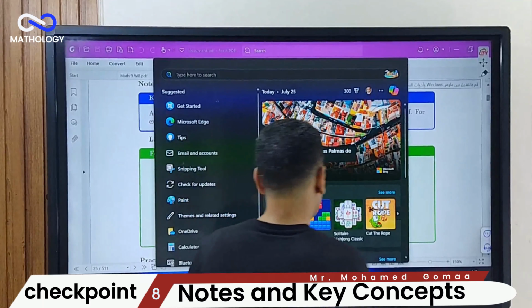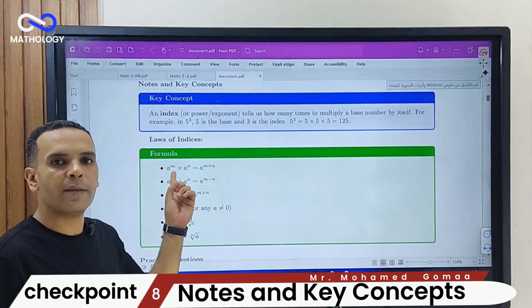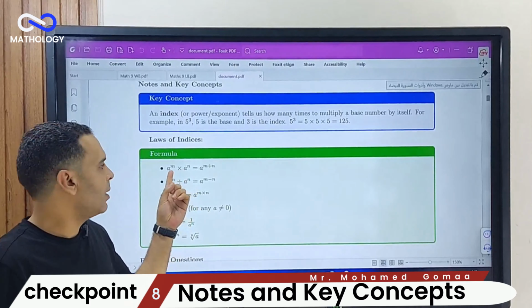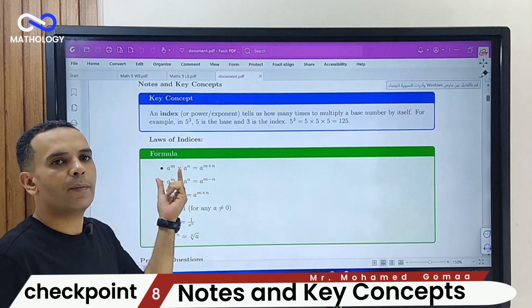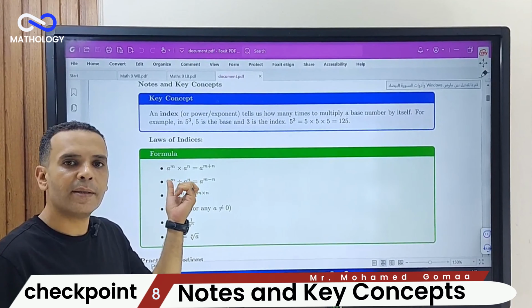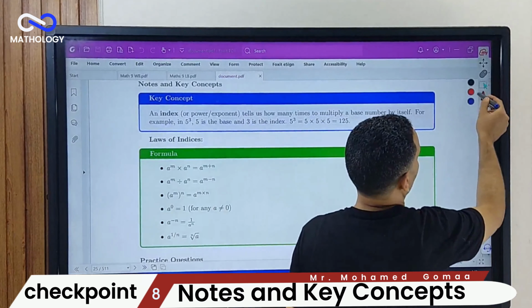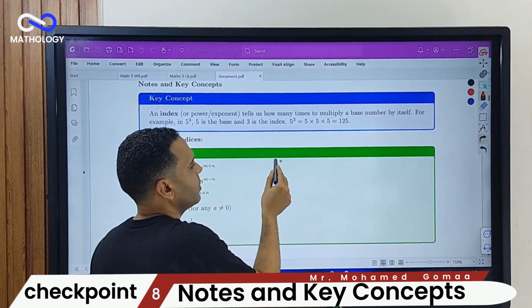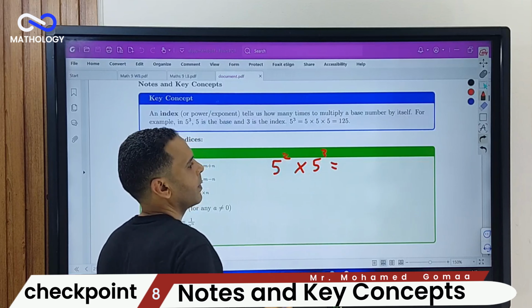When you multiply like bases, like this one and this one, the same base, a to power m multiplied by a to power n, add their powers. Example: 5 power 2 times 5 to power 3.